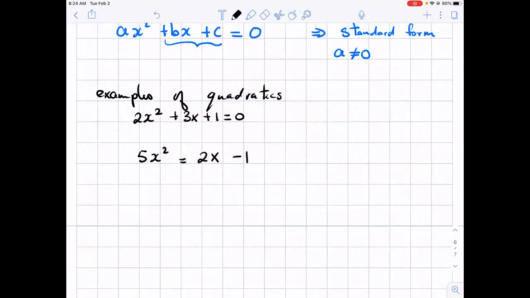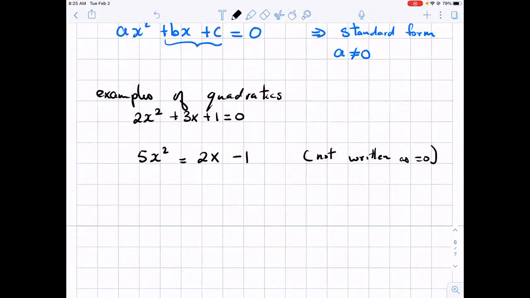This also is quadratic, but this one here is not written as equals 0.